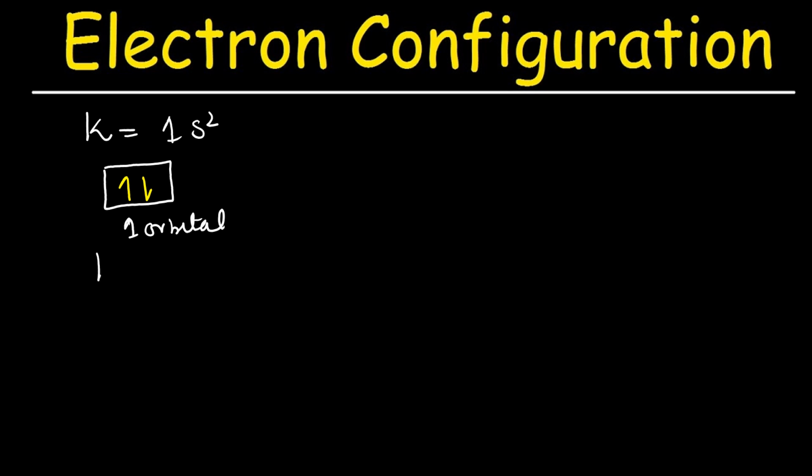Similarly, the L shell is the second shell. It has two subshells, 2s2 and 2p6. The s subshell has the capacity to accommodate two electrons, and an orbital also has a maximum capacity of accommodating two electrons.